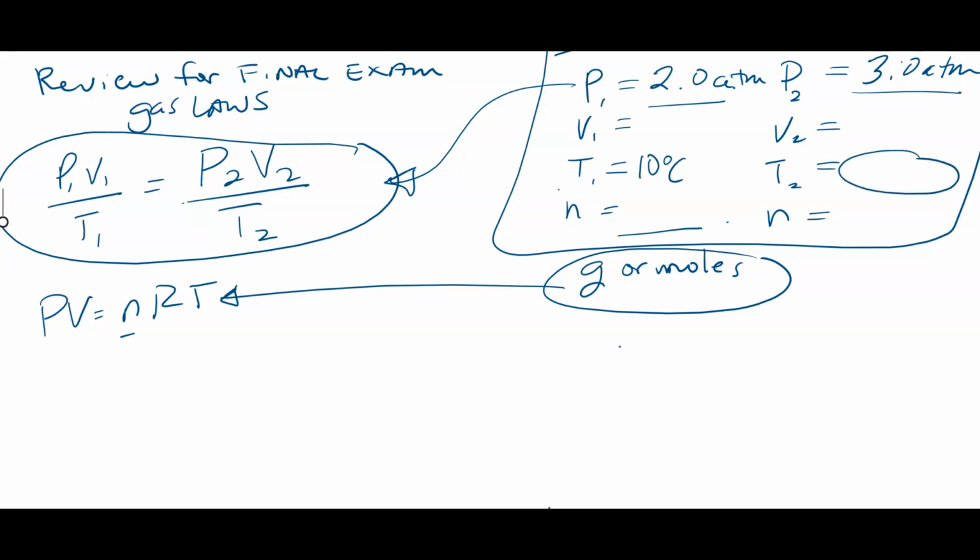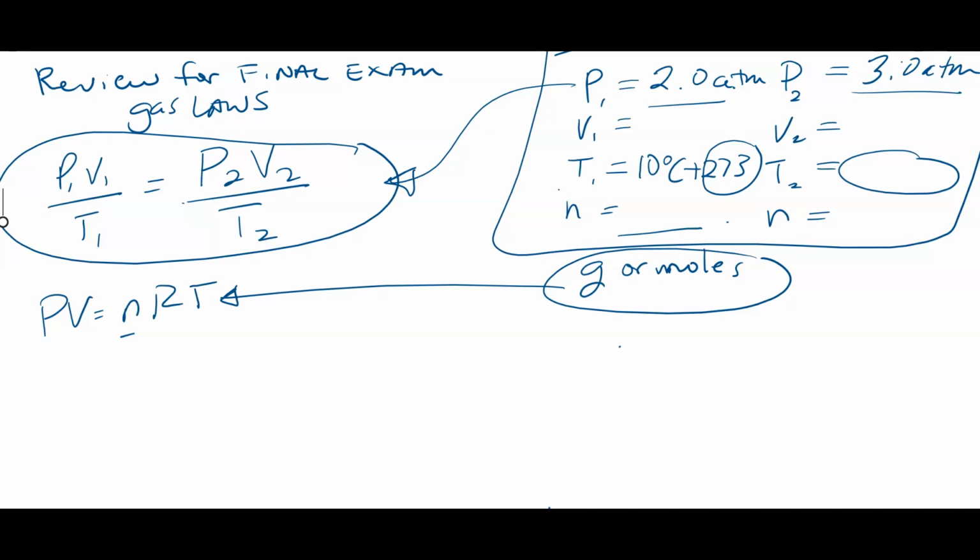Well, remember, gas laws always have to be in degrees K, so you always have to add 273 before you even start these problems. This is another big place where people forget to do that, and then their answer's wrong. So make sure you add 273 to any degree Celsius problem before you start.